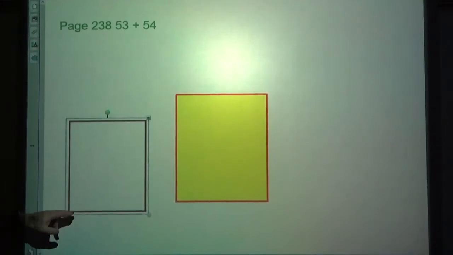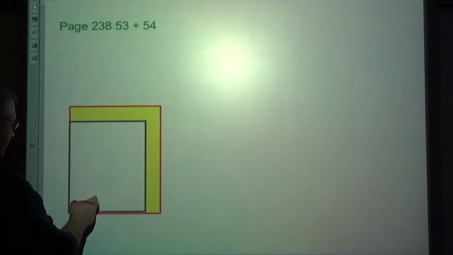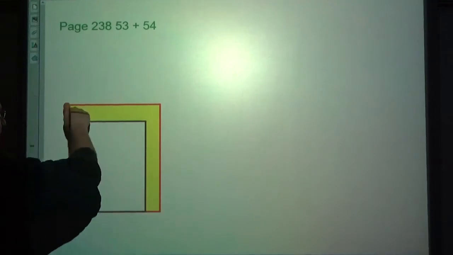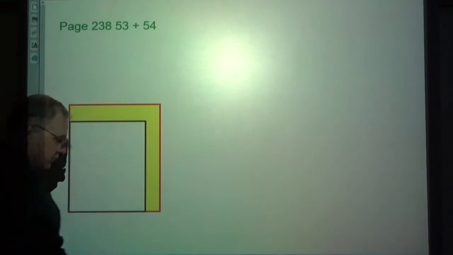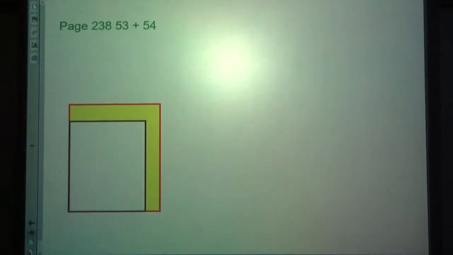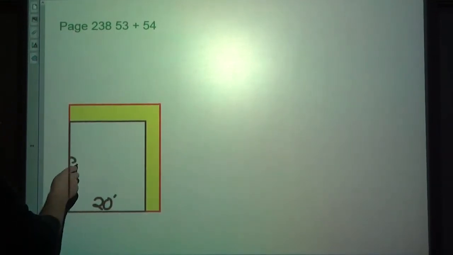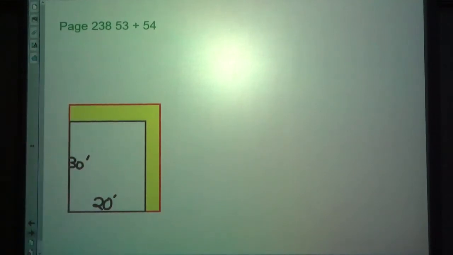This is the existing patio, and they want to expand it by extending this direction and this direction. The original patio is 20 feet by 30 feet, and they want to expand it equally in both directions.